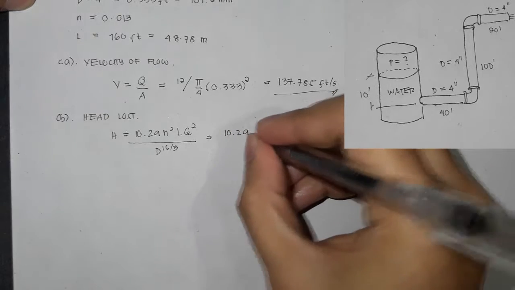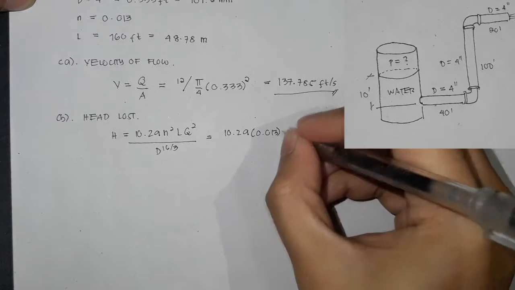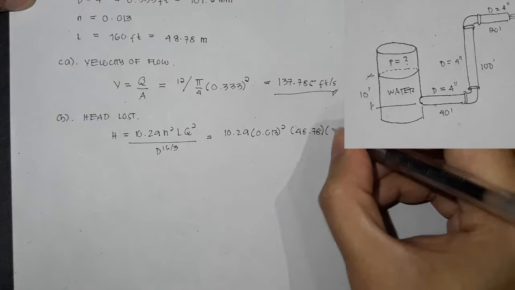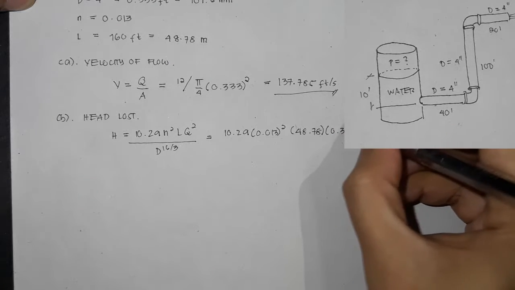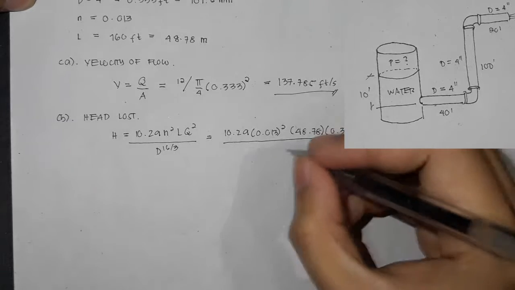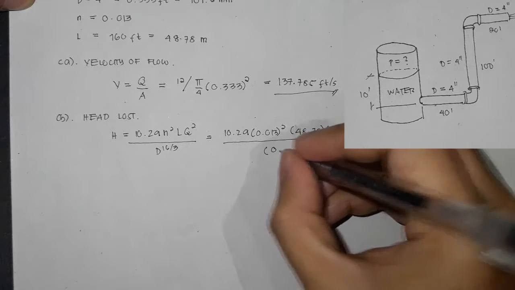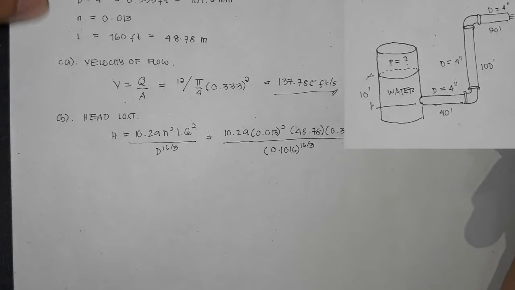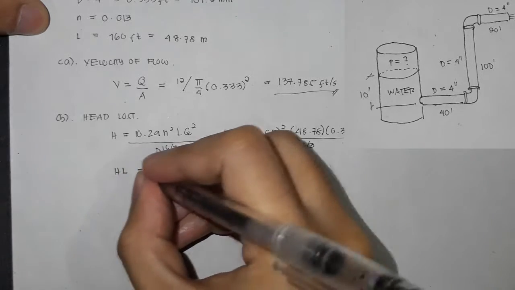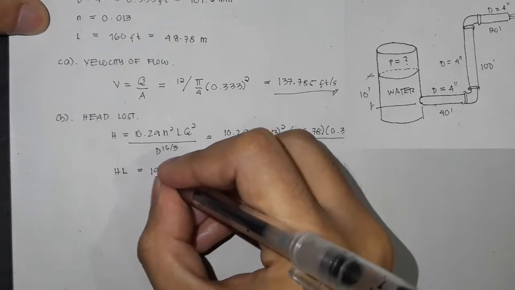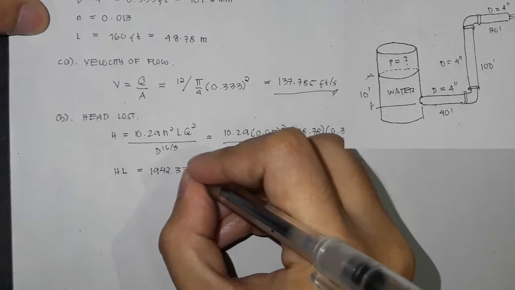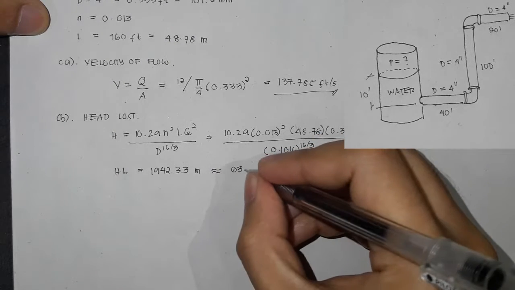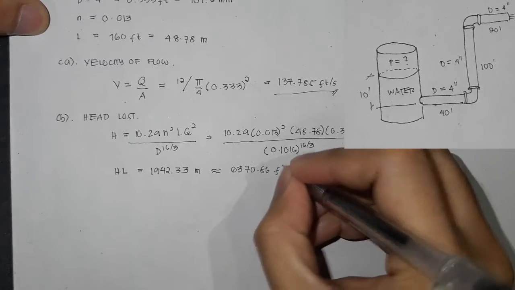Now, we substitute the given: 10.29 times 0.013 squared times 48.78, multiplied by 0.3401 divided by 0.1016 raised to 16/3. The head loss will be equal to 1942.33 meters. Convert it to feet, and you will get 6,370.86 feet.